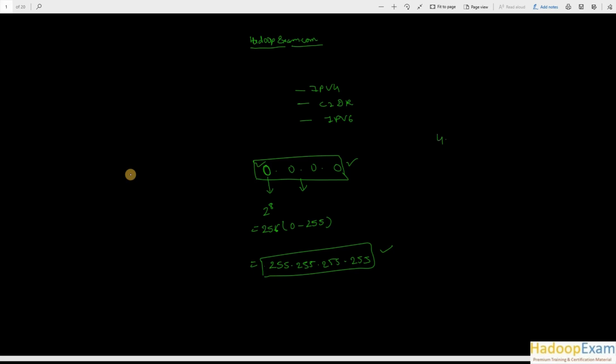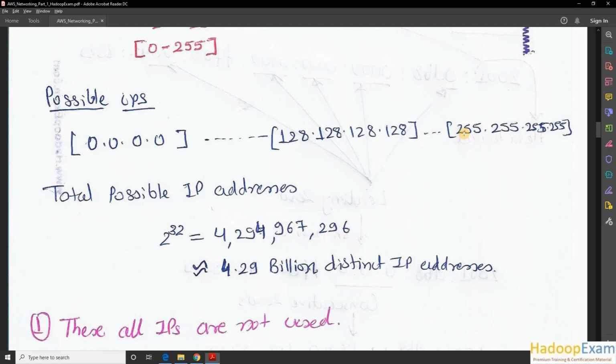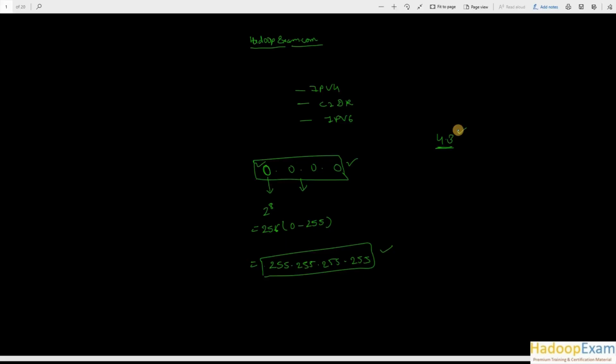So, around 4.3 billion. Now there are challenges with IPv4. Everybody knows these IPs are not enough for the distinct devices we currently have, correct? We have mobile devices, various websites, and IoT devices.